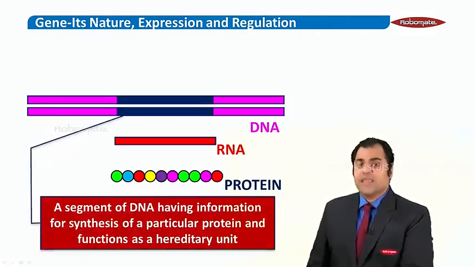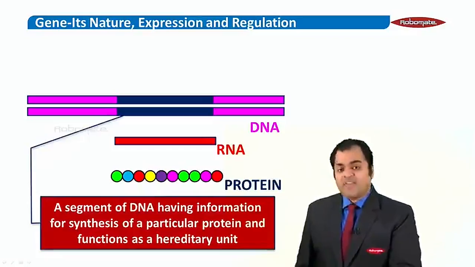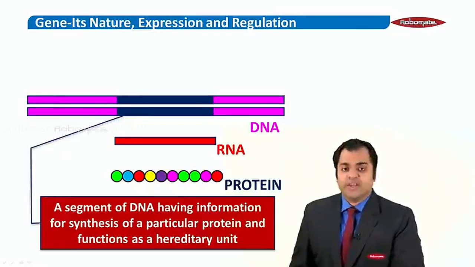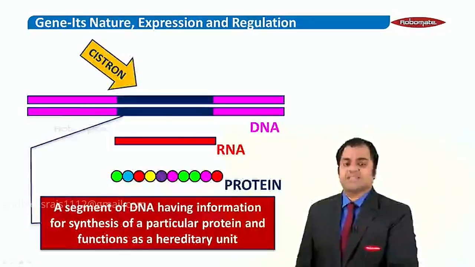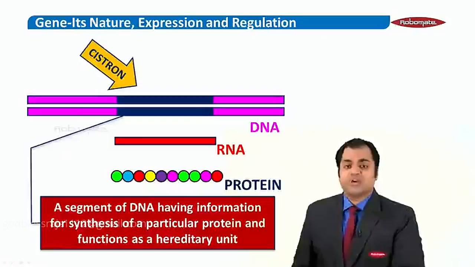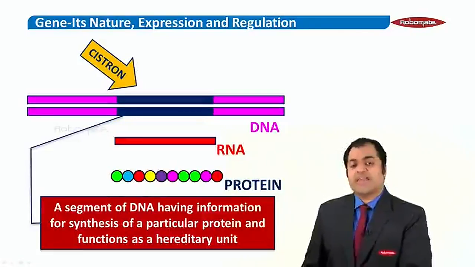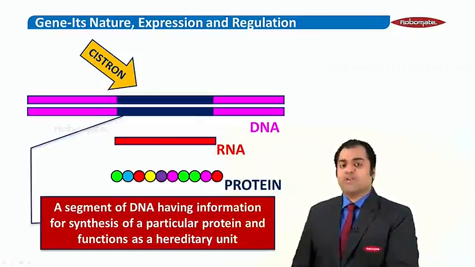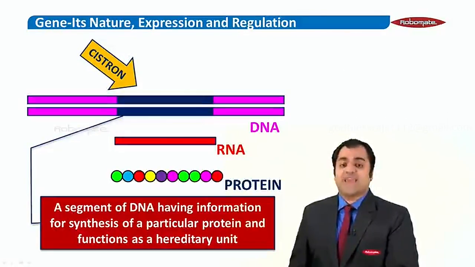A segment of DNA having information for the synthesis of a particular protein and functioning as a hereditary unit is now called a cistron. So gene or cistron are two terms that can now be used interchangeably. What was formerly called a gene is now called a cistron.